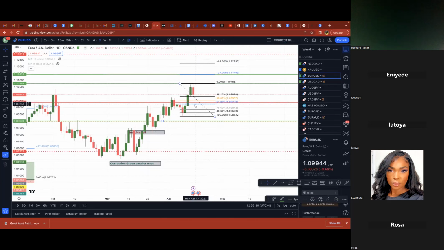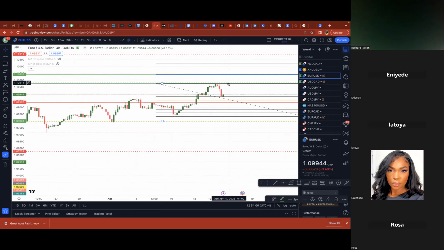Once we get another one, we can see where price is. And what we'll be looking for is our 4-hour candle to cross back above and close above the 61.8, not on it, because it has to close clearly above it.